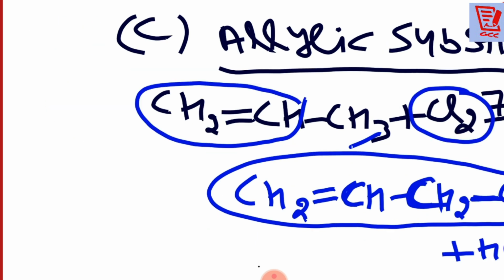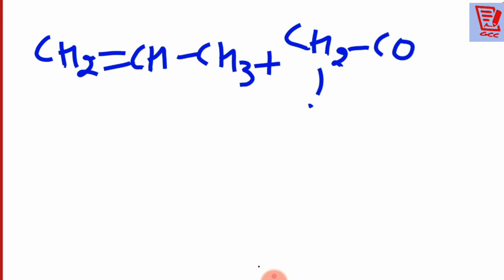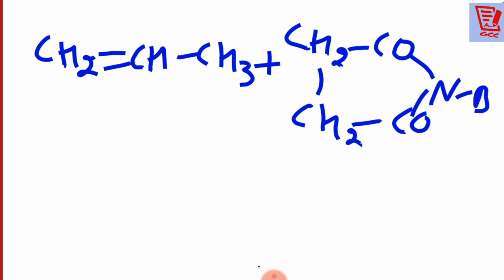Regarding that, one more reaction is here that I am writing. If I am writing CH2=CH CH3, one reactant is N-bromosuccinimide, CH2CO, CH2CO, and here I am writing NBr.